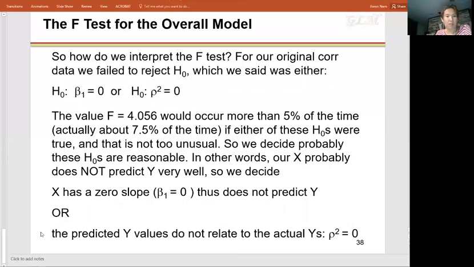All right, eventually the last slide says, how do we interpret the F-test? For our original correlation data, we failed to reject the null hypothesis.